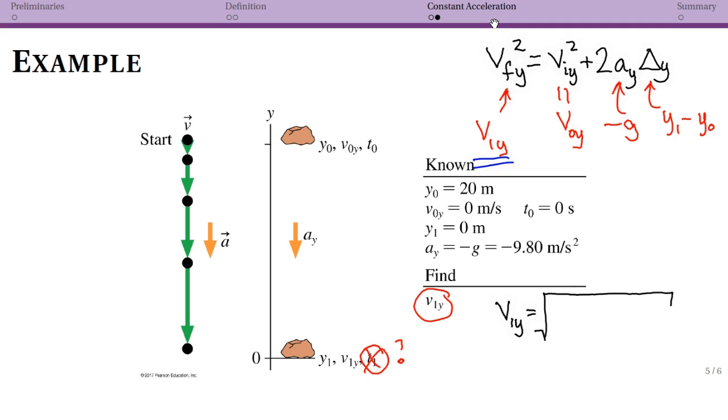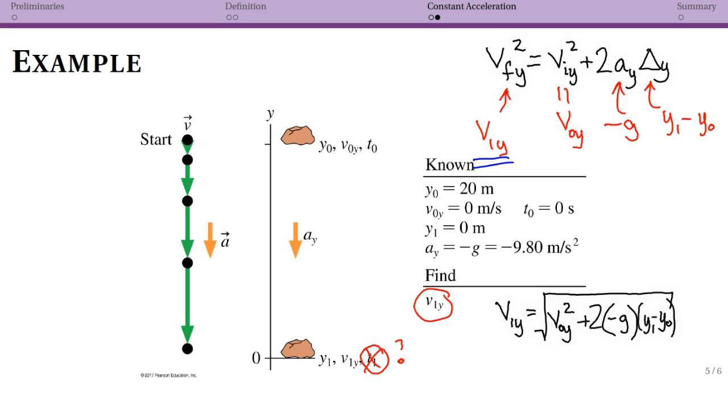And I have that this is going to equal the initial velocity squared plus 2 times a_y times delta y. I'm always really careful that I'm plugging in negative g for a_y, and I'm literally showing that that's what I've plugged in. I'm also going to explicitly put in y1 minus y0 to be really careful about my signs.